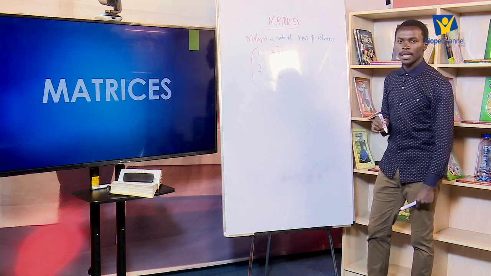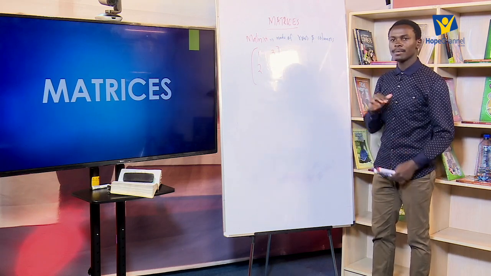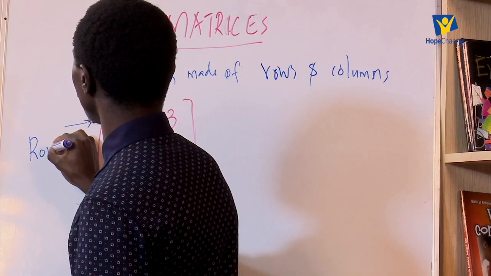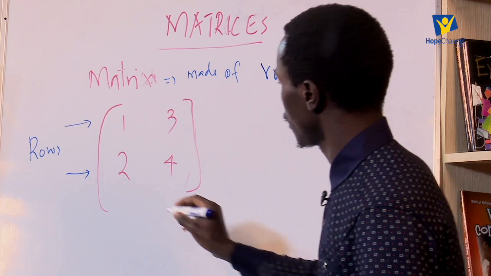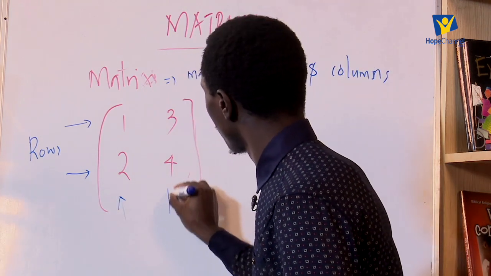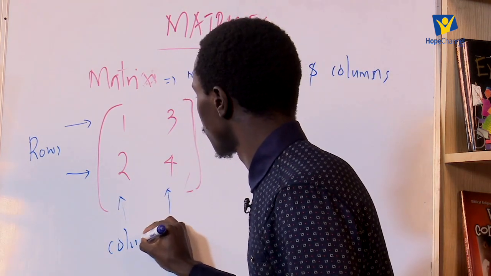Rows are the horizontal arrangement of numbers in a matrix, which go to the other side. The vertical arrangement of the numbers, this one right here, we call columns.